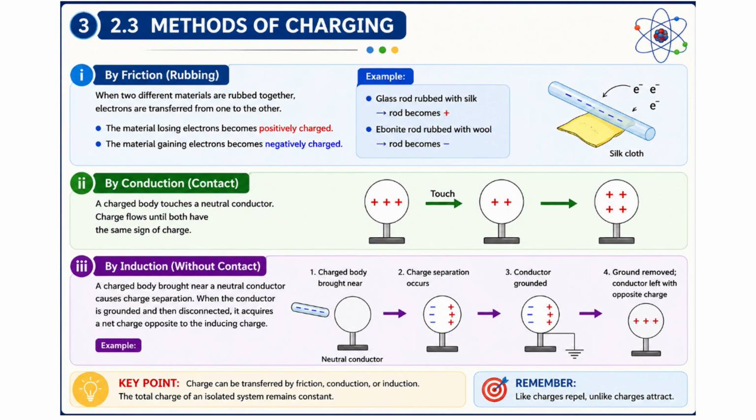That is what I want you to recall, number 1. Number 2, remember, like charges repel and unlike charges attract. This is a simple fundamental law which we have previously explained in the course of our lecture. So the driving force behind all these 3 charging methods involves a force.